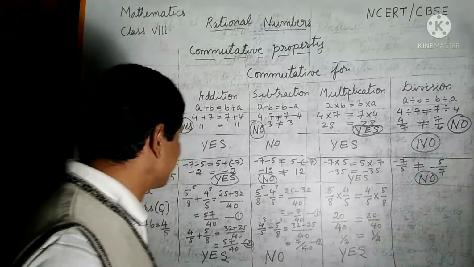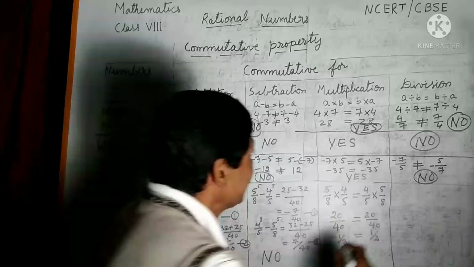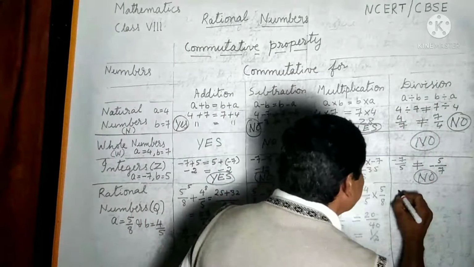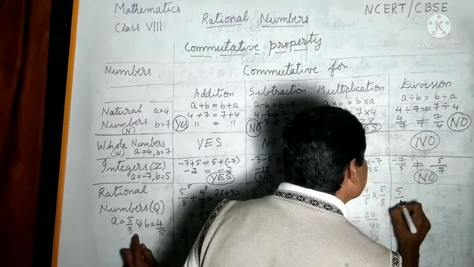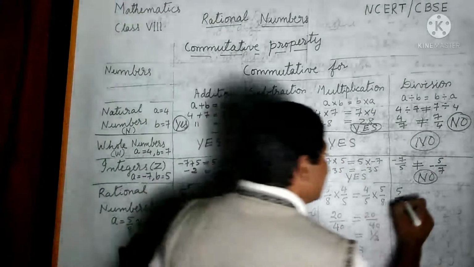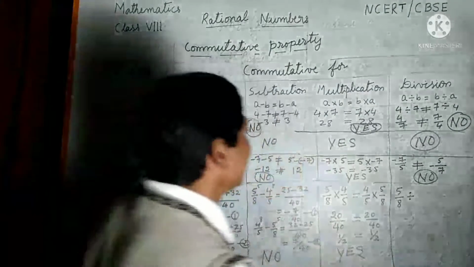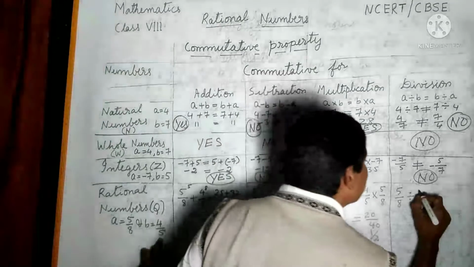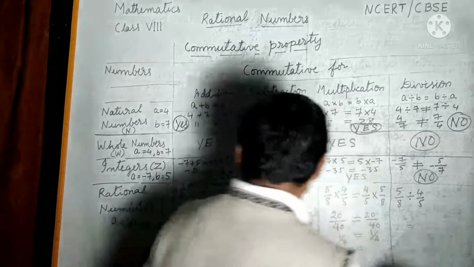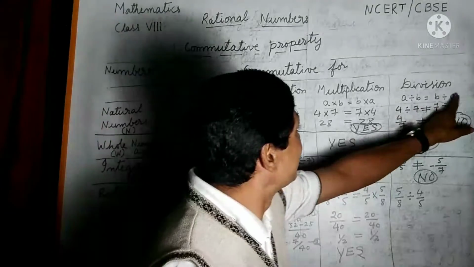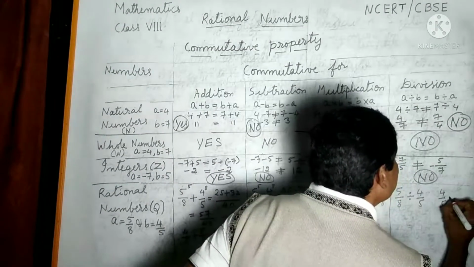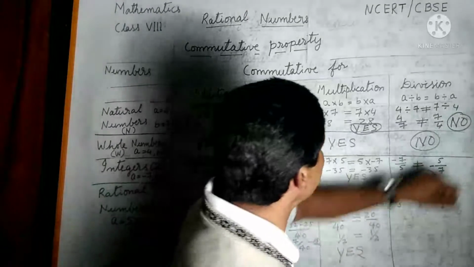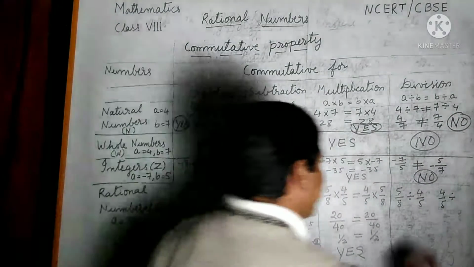And finally, we will check for division. Let us write a divided by b. a is 5 by 8 divided by 4 by 5, and let us write b by a, 4 by 5 divided by 5 by 8.